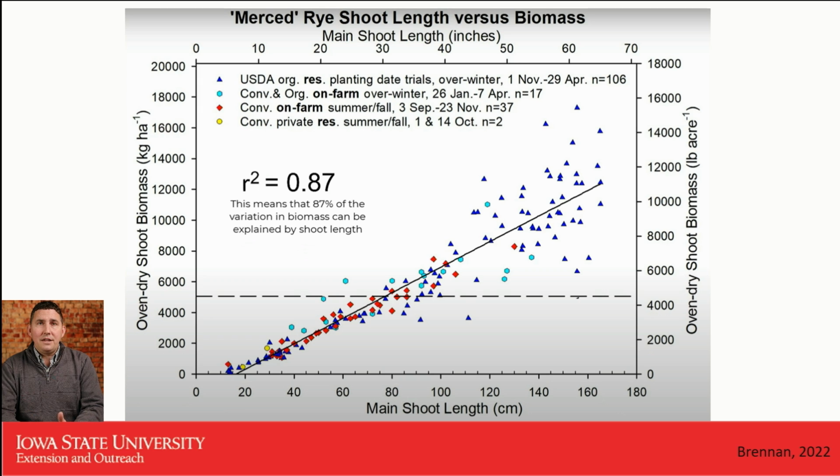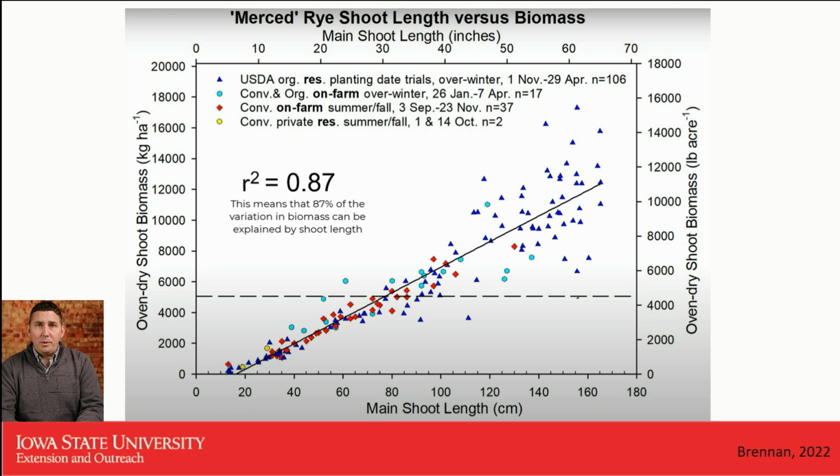He used a couple of different research trials, some conventional and some organic trials associated with the USDA. And then they had some on-farm and some private places where they were collecting this data as well. So they've got a fairly robust data set, given the differences you're going to see in establishment and the type of management going into it.